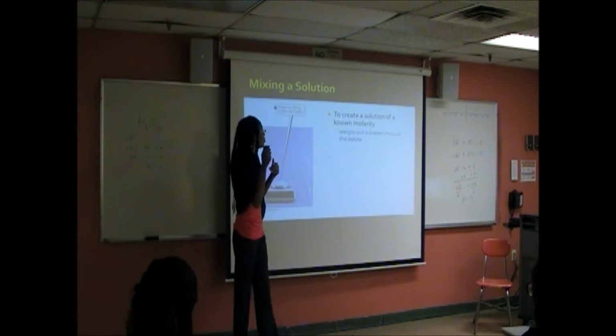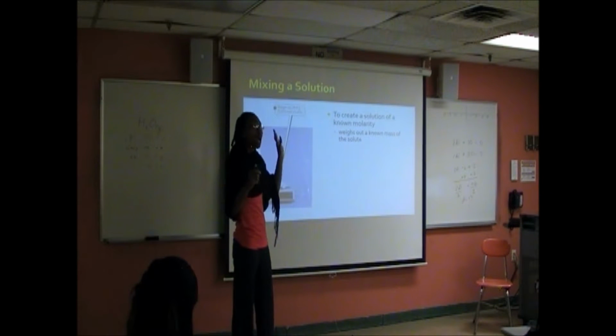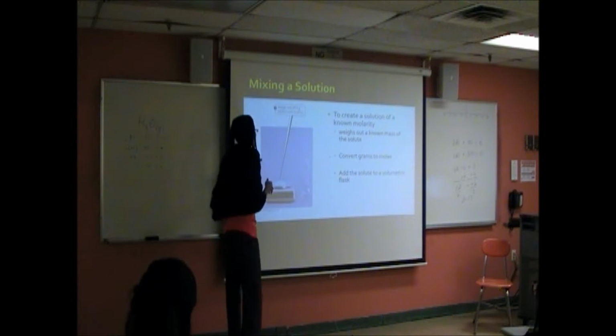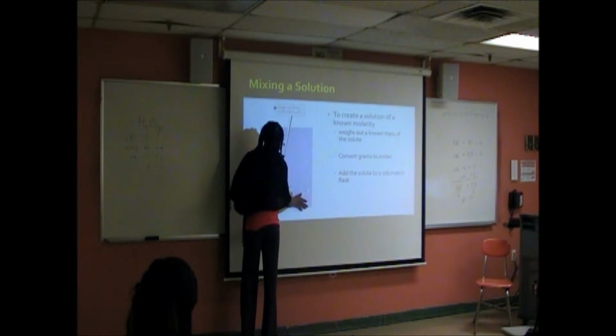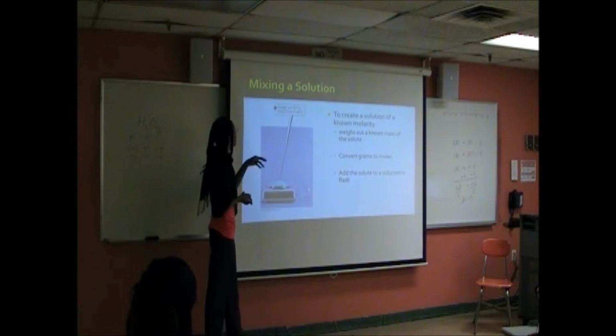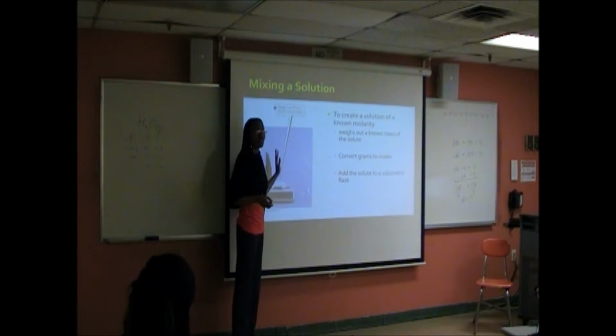Then you need to know how much solution you are going to be making. This here is your volumetric flask. This is a 500 milliliter volumetric flask. You're ultimately going to make 500 milliliters of a 0.25 molar solution.